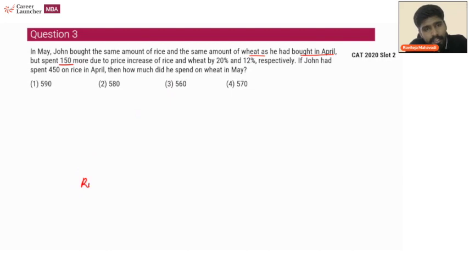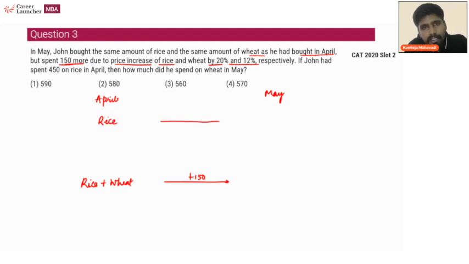So taking rice and wheat, whatever he spent in April, he spent plus 150 in the month of May. That is what is given. 150 more due to price increase of rice and wheat by 20% and 12% respectively. So whatever he must have spent on rice must have increased by 20%, and you will get a value in May.